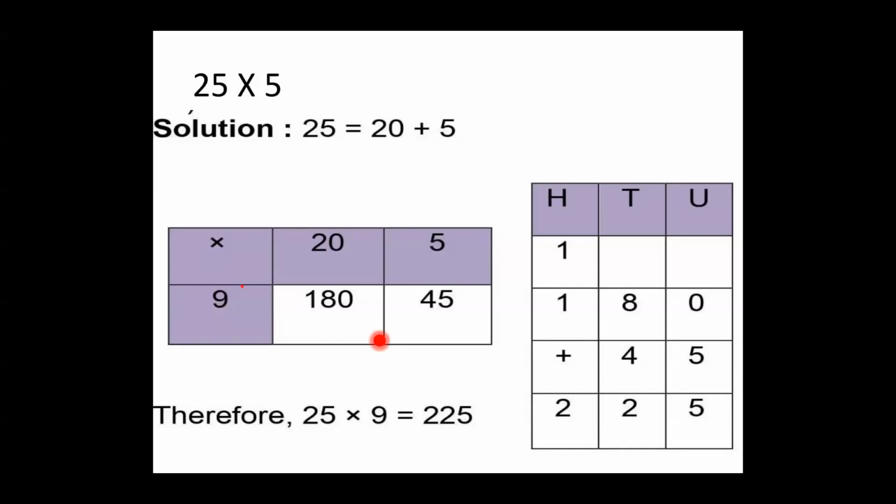Let us draw the table. Yes, 20, and in the second column we are going to write 5, and 9 we are going to write below. So here it should be 9.